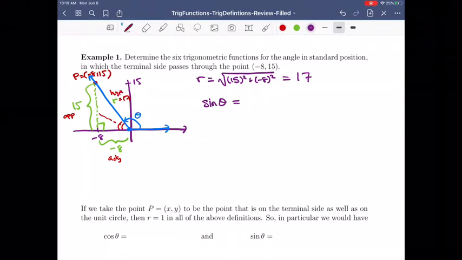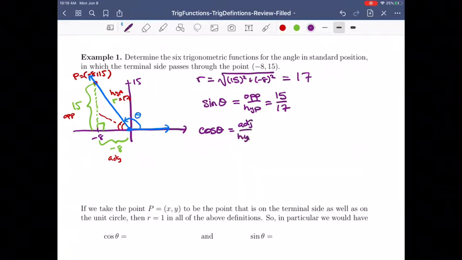Sine is the opposite over the hypotenuse, so it's 15 over 17. Cosine theta is the adjacent over the hypotenuse, so it's -8 over 17. The tan theta value is the opposite over the adjacent, so it's 15 over -8.